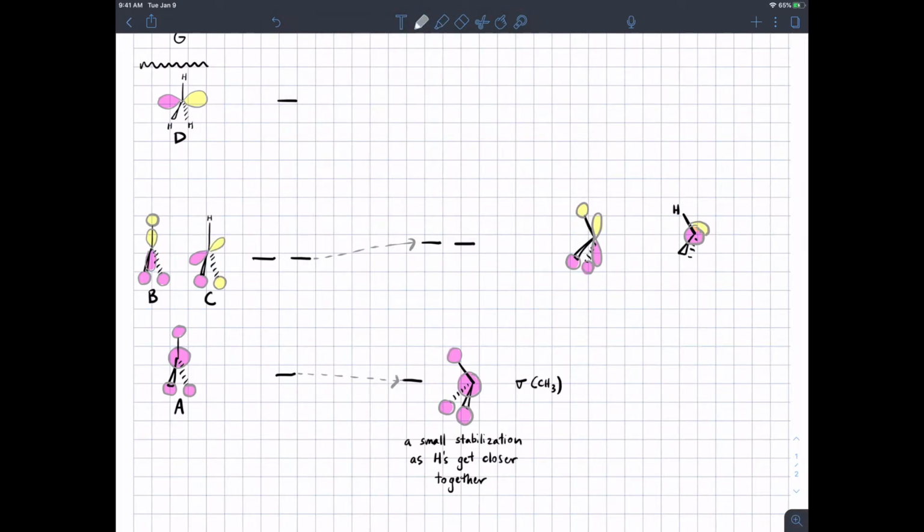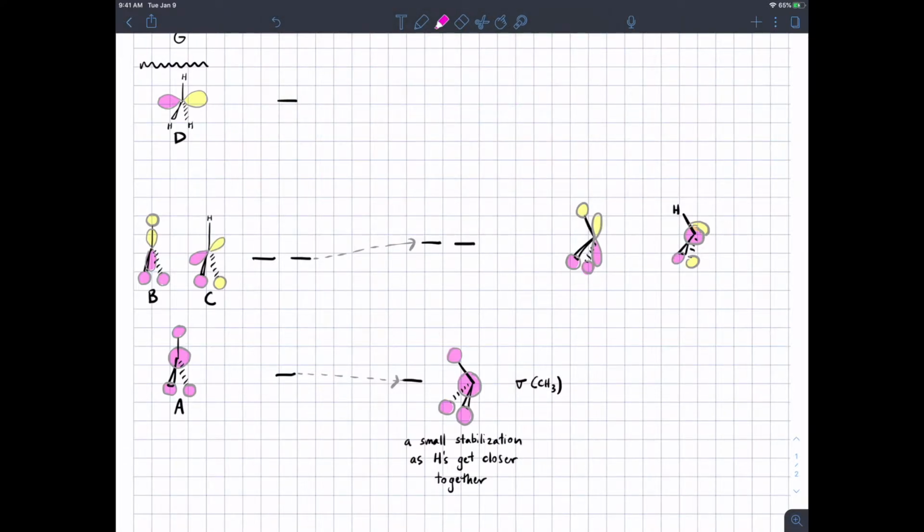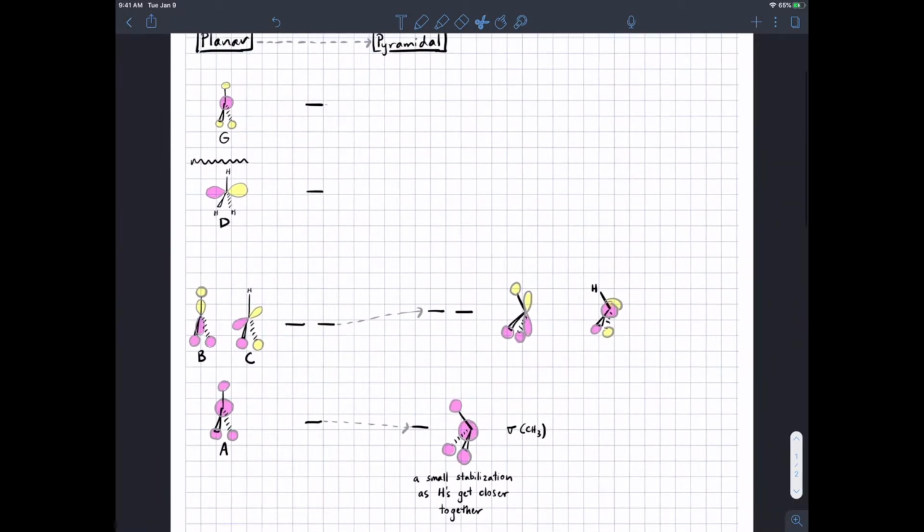We're going to still have orbital density on the hydrogen that's out in the front and the one that's out in the back. But overlap isn't going to be quite as good. Okay? Now, we'll consider that a little bit later. All right, so with me so far?